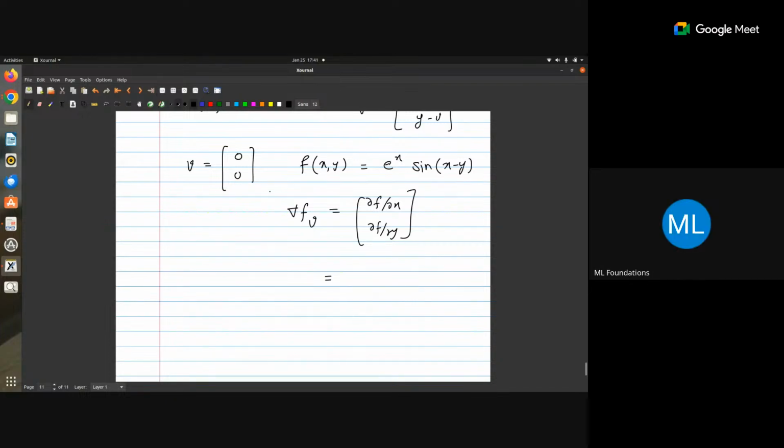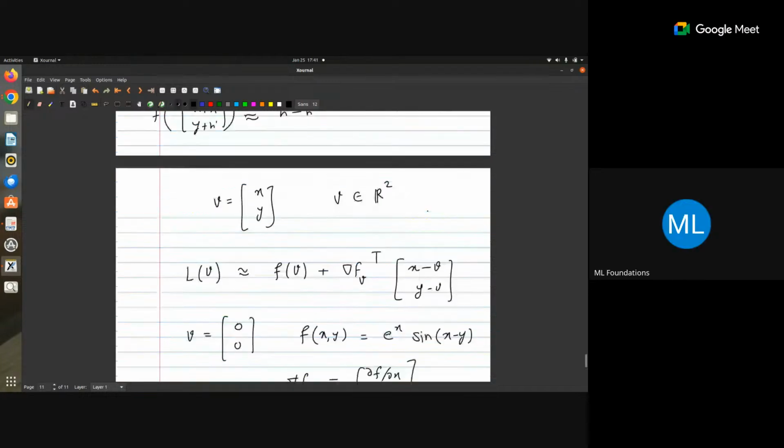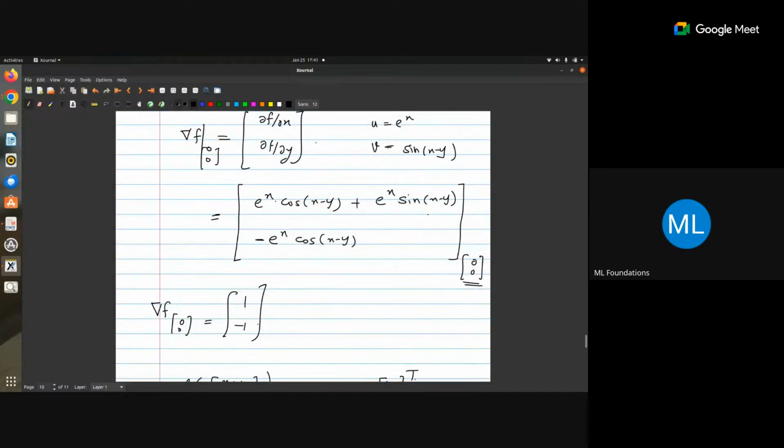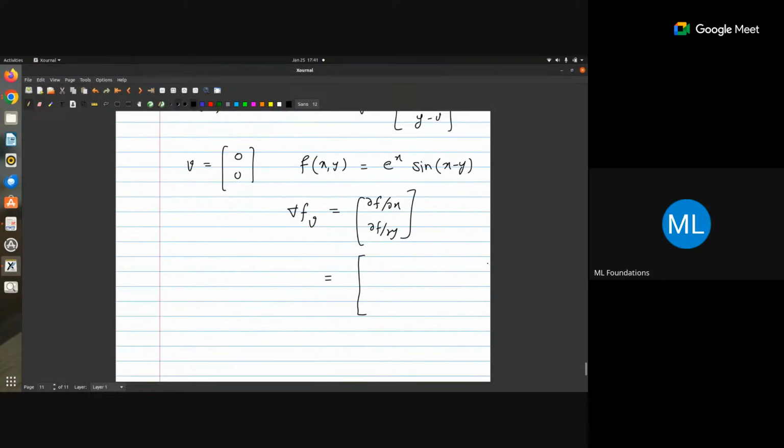So previously we said linear approximation around x equal to 0. Now we are saying linear approximation around this vector 0, 0. So this is what we have found out here. This part is fine, I'm not going to write it again. At 0, 0, what is the value of this?